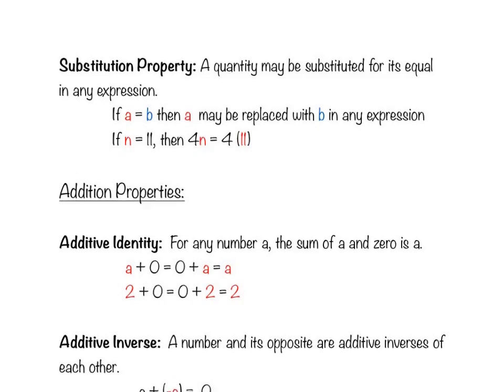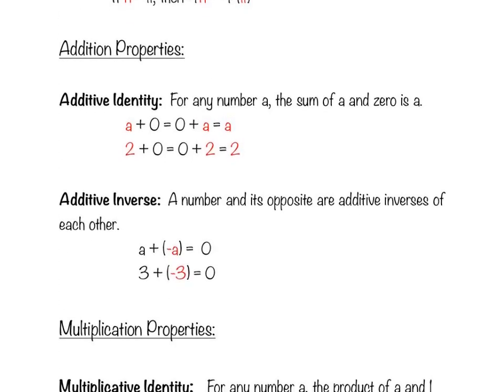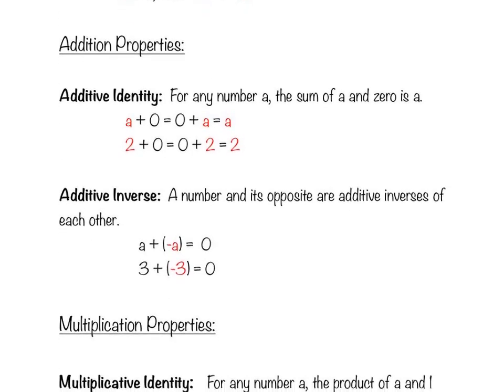Now let's look at addition properties. Addition properties. The first one is additive identity. It says that for any number, such as a, the sum of a and 0 is a. In other words, adding 0 to any number doesn't change its identity.